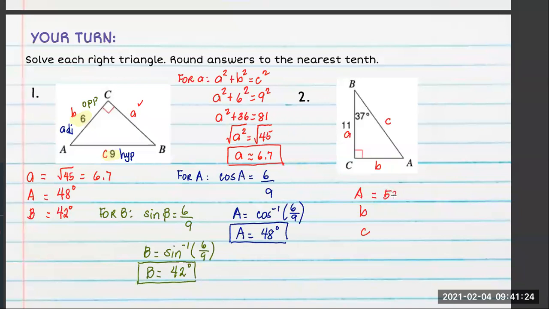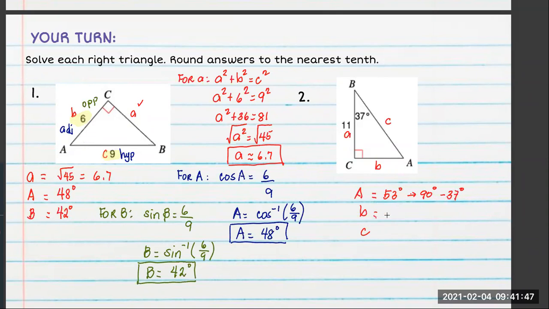And that's easy, right? To get angle A, you just have to subtract 37 from 90 because you are given one of the acute angles. So just subtract that from 90 degrees. So this is 90 degrees minus 37 degrees. You'll get 53 degrees. What about side B?